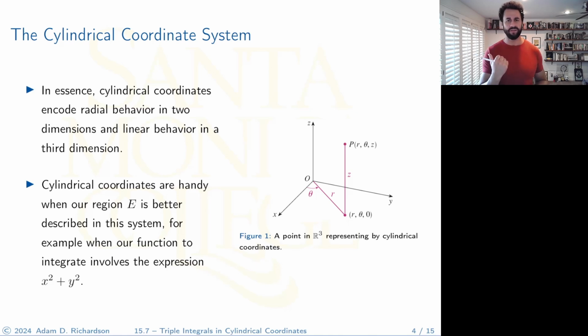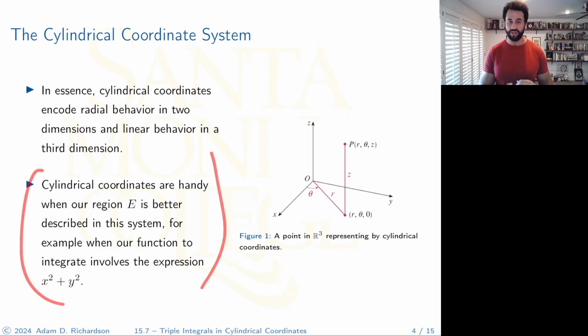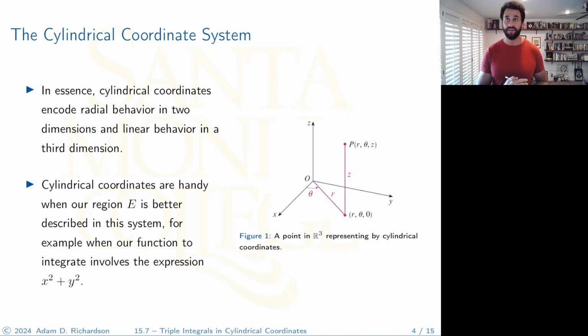Anyway, point is, cylindrical coordinates are handy when our region E is better described in this system. One good tip, a time you might want to consider cylindrical coordinates, is if you see the expression x squared plus y squared involved in your integral, your function, or the description of your region. That should kind of make you think polar, right?